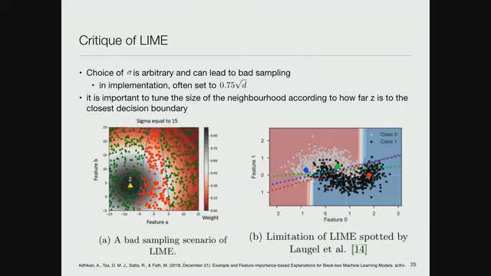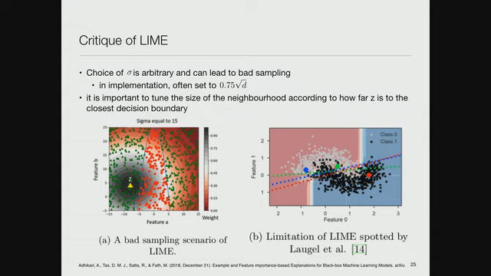Now, this paper set off a lot of work, including a lot of critiques of the work. And this is one particular one from just a few months ago, the end of December. What these guys say is that that distance function, which includes a sigma, which is sort of the scale of distance that you're willing to go, is pretty arbitrary.